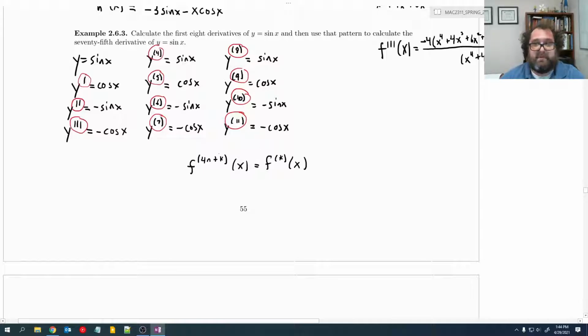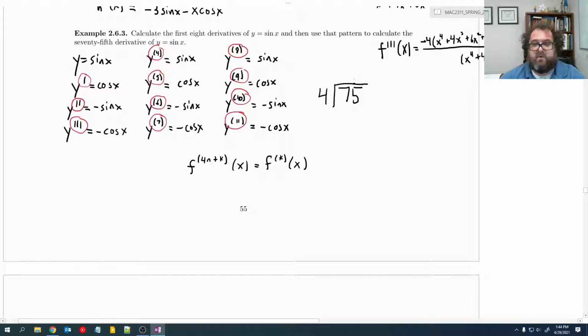This is derivative notation. So what you have to do is ask yourself, what is k? k is the remainder when you divide by 4. So if you have the 75th derivative, what is the remainder when you divide 75 by 4?